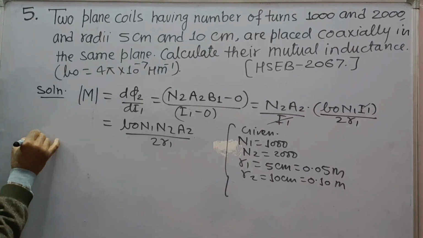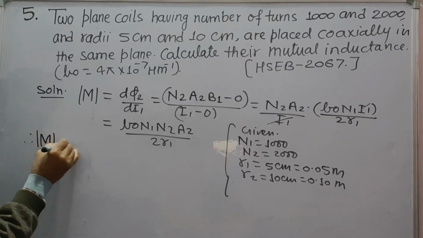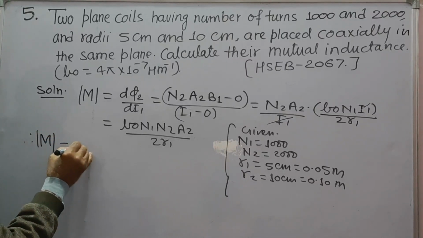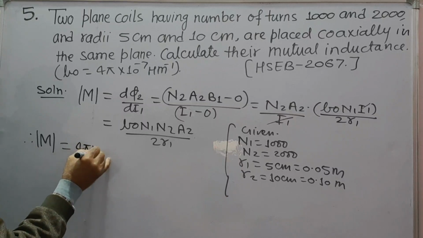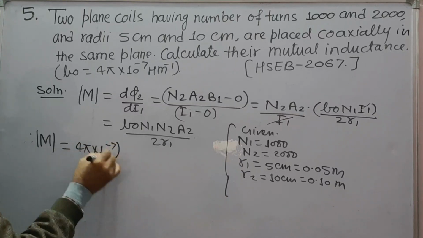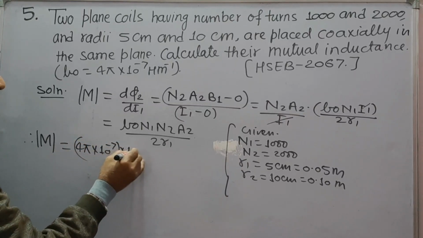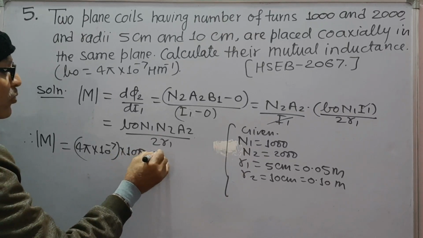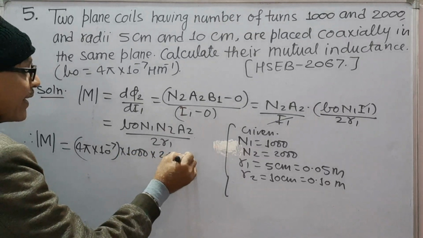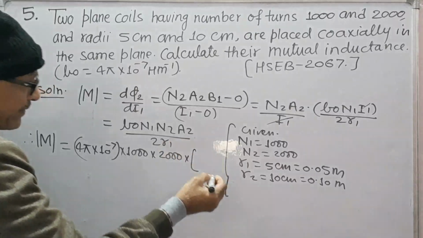Therefore, mutual inductance will be mu naught, which is 4 pi into 10 to minus 7, N1 1000, N2 2000, A2 means pi R2 square.